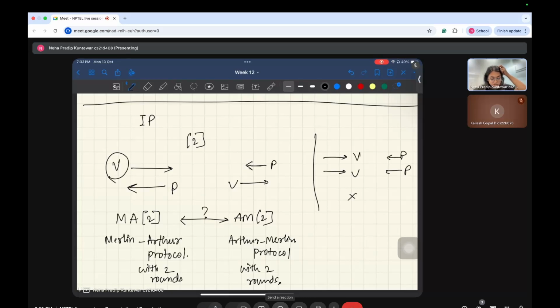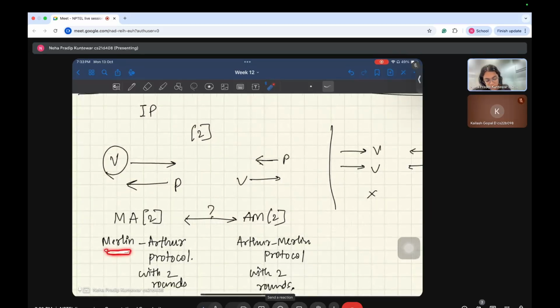Just to recall, the Merlin here corresponds to the prover and Arthur here corresponds to the verifier.